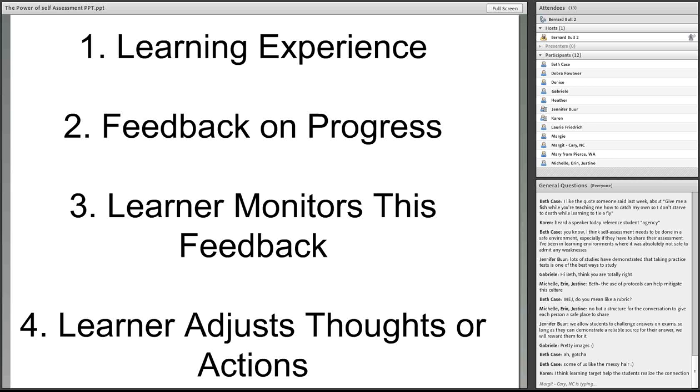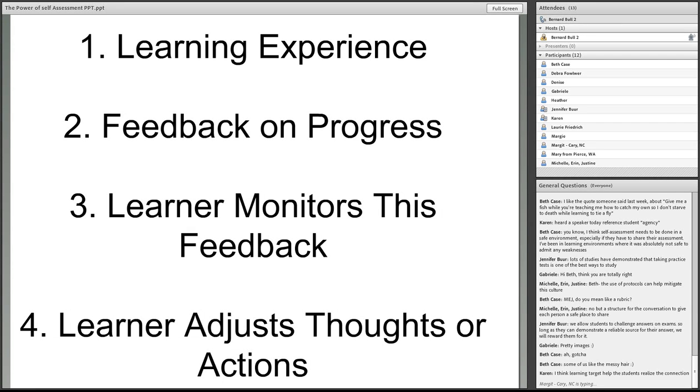So the other thing that I shared last time is these 4 steps that are involved in assessment as learning. 1, there's a learning experience. 2, there's some feedback on one's progress. 3, the learner then uses that feedback to monitor their progress.